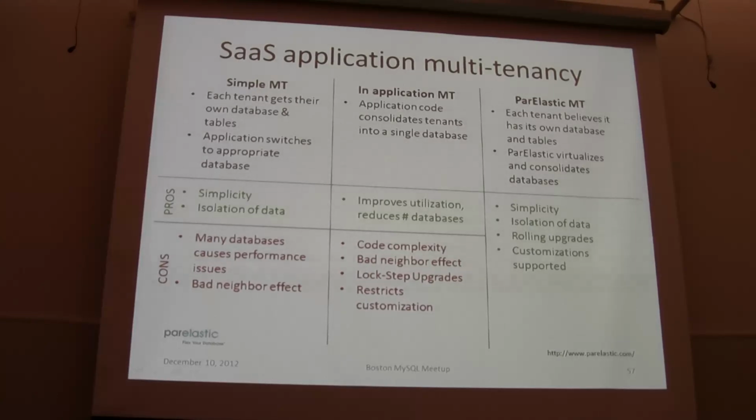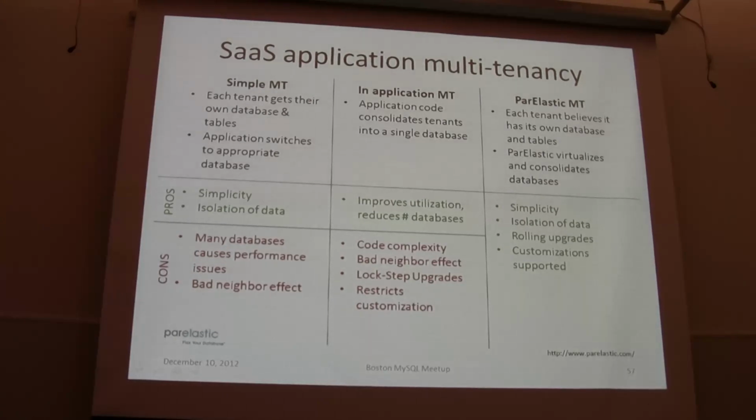So think of a typical application scenario. You have a bunch of app servers, you have a bunch of database servers. You did this application multi-tenancy, and you need to roll out an upgrade in the app servers which causes a schema change. Try doing a rolling upgrade.